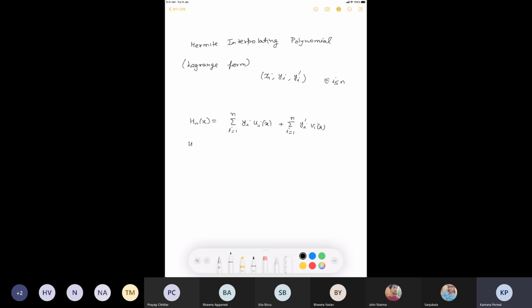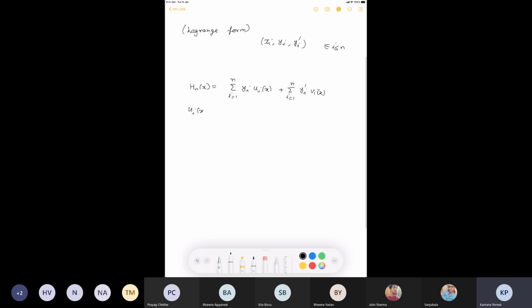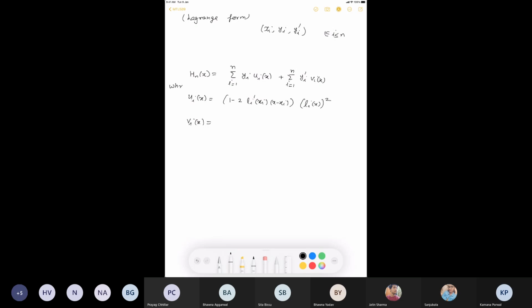And these ui(x) and vi(x) are the basis polynomials, which are given by: ui(x) is 1 minus twice li prime evaluated at xi times (x minus xi) times li(x) squared, and vi(x) is (x minus xi) times li(x) squared, right?